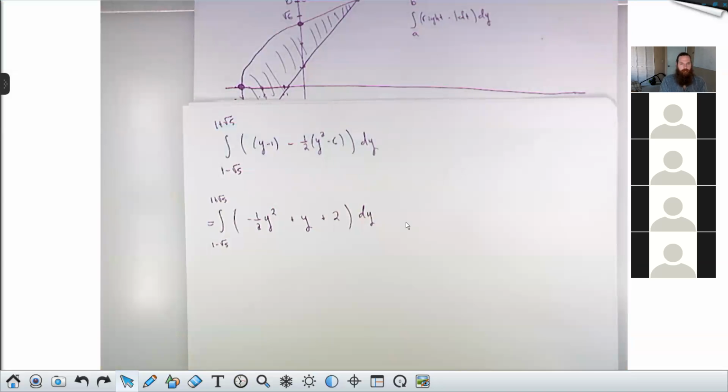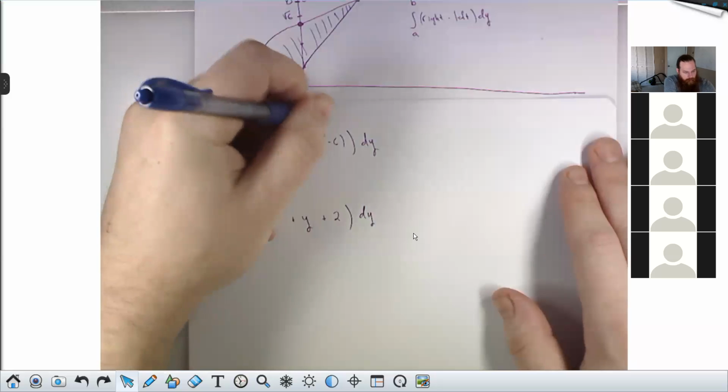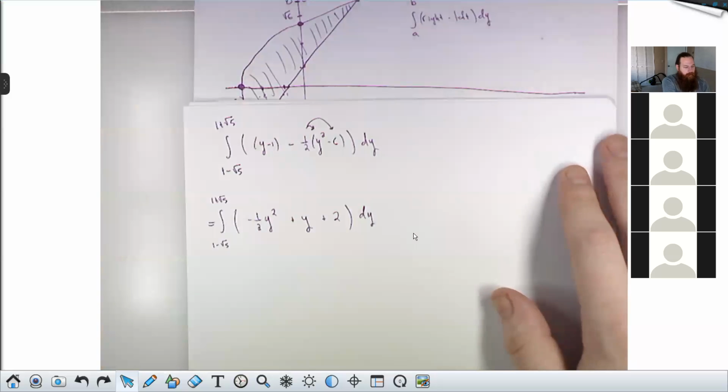So from this line to this line, I'm just simplifying algebraically. I distributed this 1/2, and then I combined all my like terms.